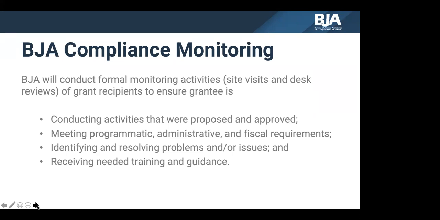If we monitor your award, you will be required to submit documentation, set up a phone call, and conduct interviews and answer questions related to the grant. BJA will then issue a letter on the outcome to include listing any issues for resolution. This is an award condition requiring your participation.